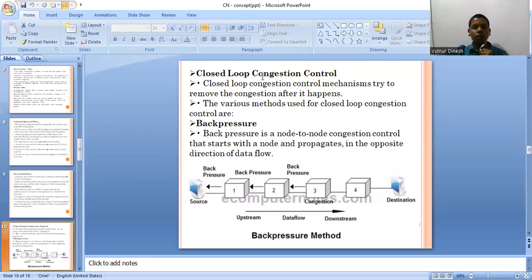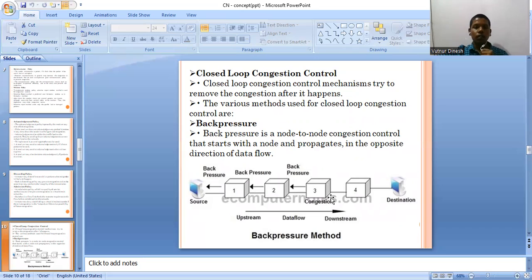Closed loop congestion control. Closed loop congestion control mechanisms try to remove the congestion after it happens. The various methods used for closed loop congestion control are back pressure. Back pressure is a node to node congestion control that starts with a node and propagates in the opposite direction of the data flow.